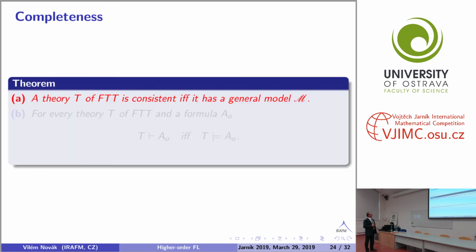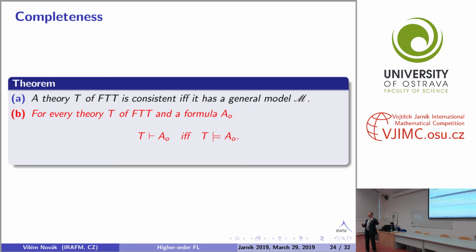And the completeness theorem can be proved, generalized completeness of this fuzzy type theory. Arbitrary theory is consistent if and only if it has a so-called general model, or simply model, forget about what general means. And for every theory T and a given formula, a formula is provable if and only if it is true in all models in a degree 1.